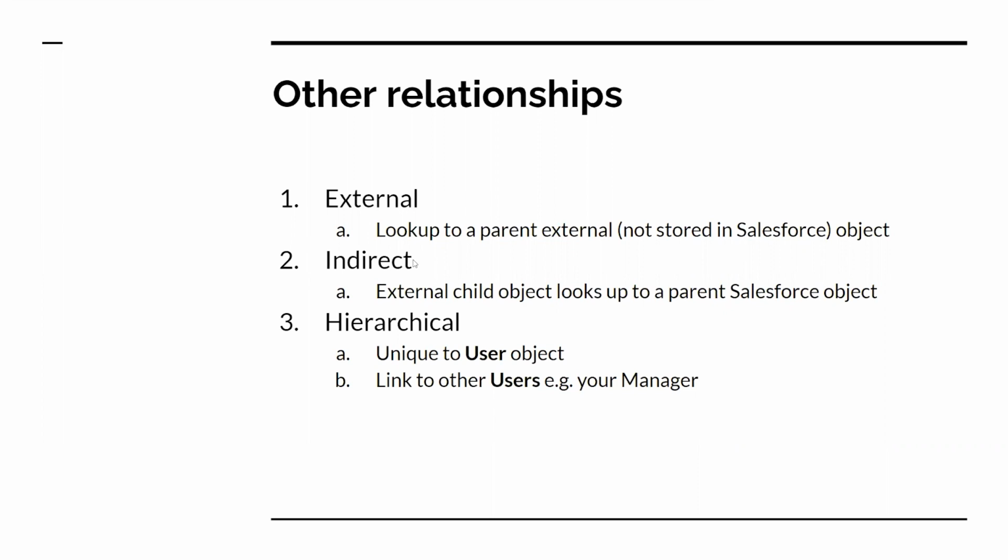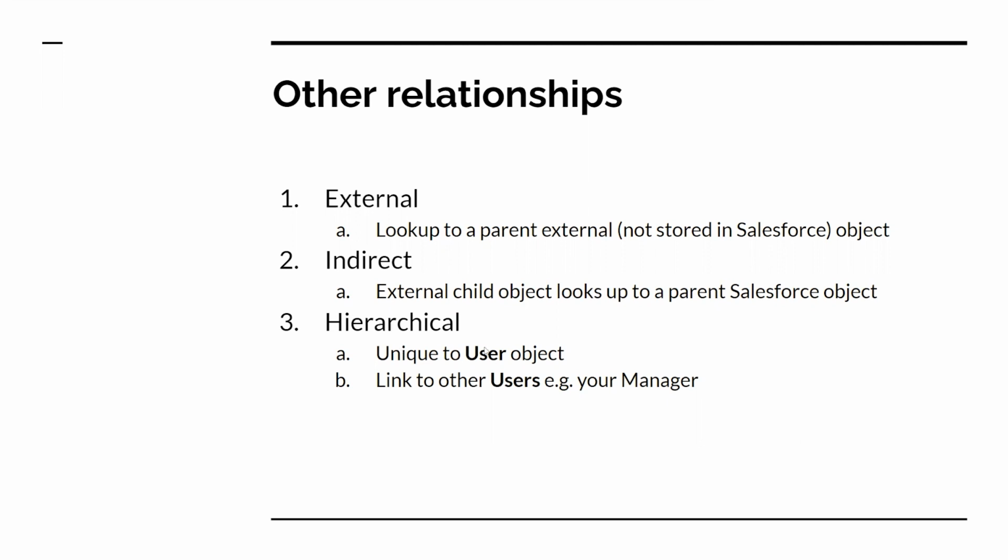And then indirect relationships. This is sort of the inverse. This is where externally there's a child object which looks up to a parent in Salesforce. Once again, you could have this for the same reason, you want to store elsewhere, either because it's cheaper or for security.